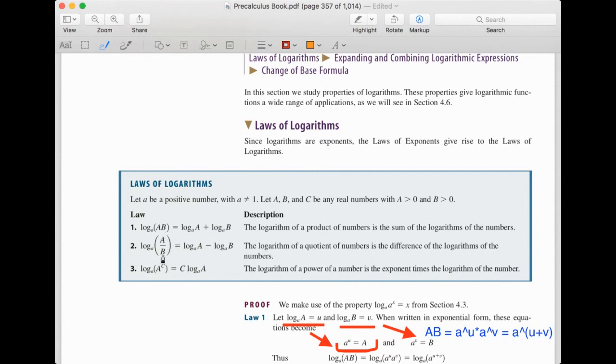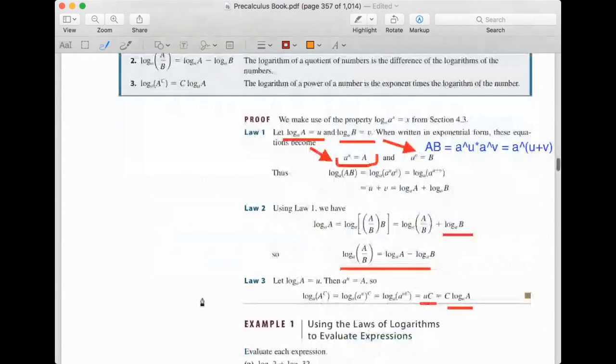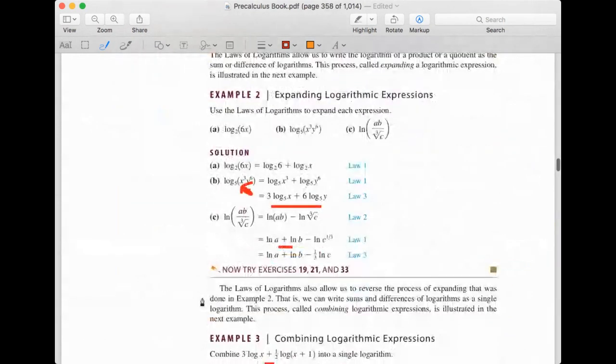If the inside is a division, it can be written as a subtraction, adding a negative term. All right, subtraction of two logs. If the inside of the log can be written in exponential form, the exponent can be pulled up front of the log. Okay, very important laws to use. Just make sure you are following me.